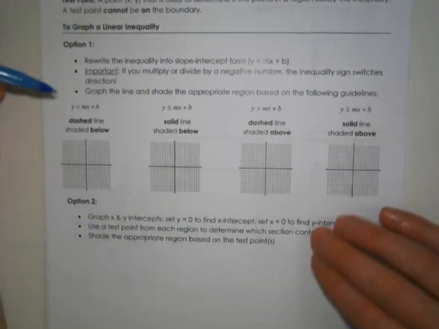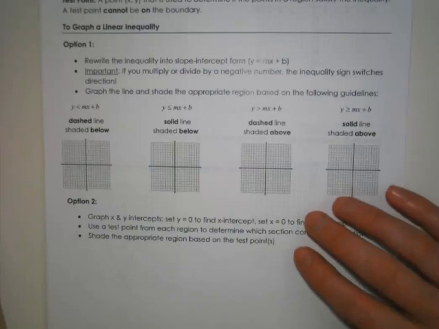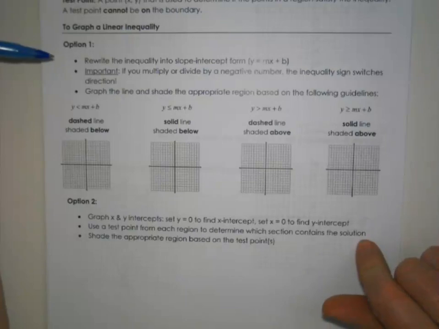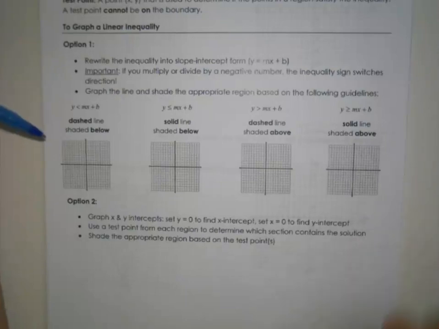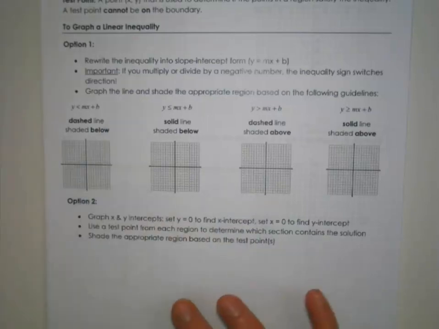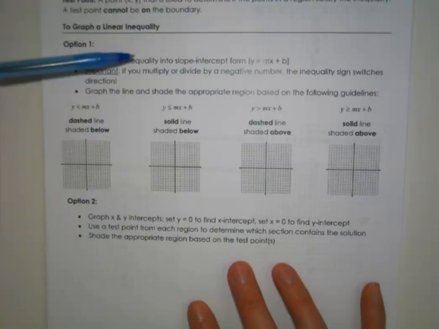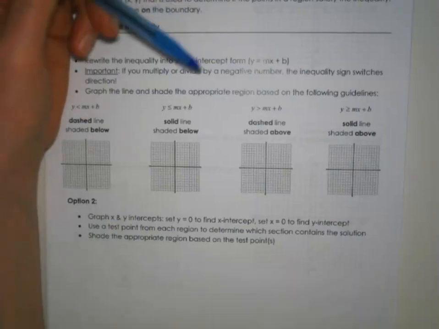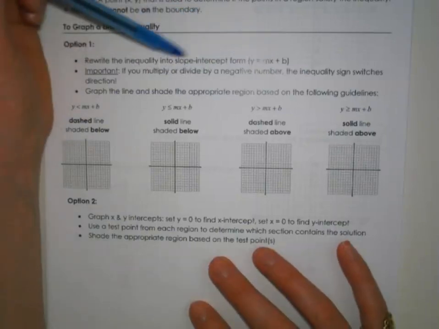Okay, lots of stuff coming at you to begin with, but we'll get into some examples really quickly, and hopefully things will become more clear. Now I do want to point out some options you have for graphing your inequalities that make it a little easier if you know the general ideas. First, it's usually easier if you're working with a linear equation to write it in slope-intercept form.